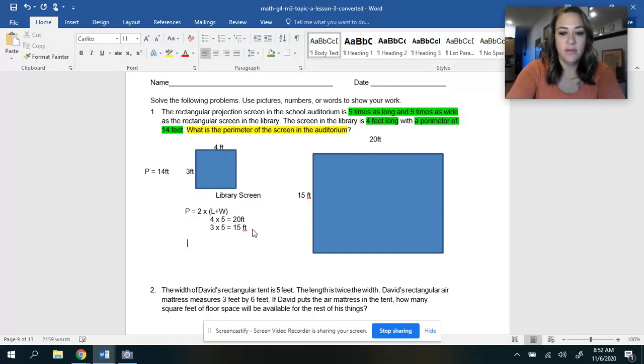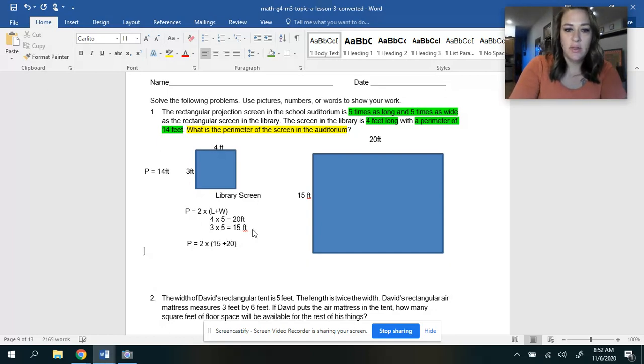So if I have perimeter is equal to 2 times 15 plus 20, okay, well then we can fill that out a little bit more.